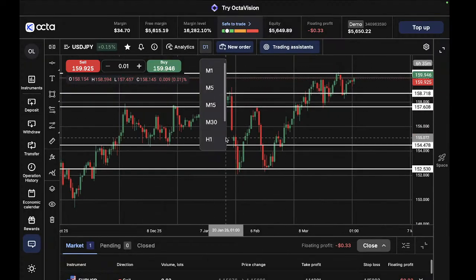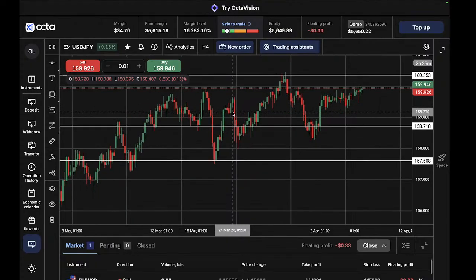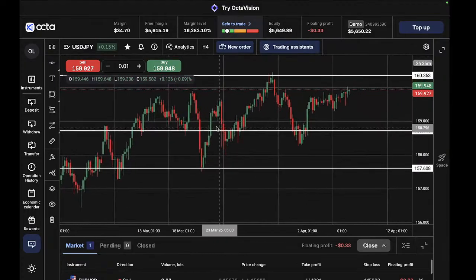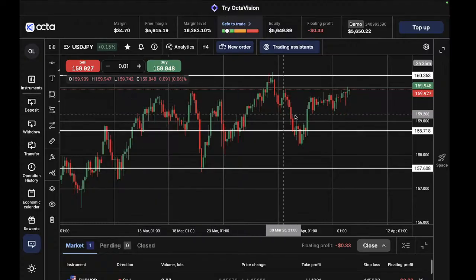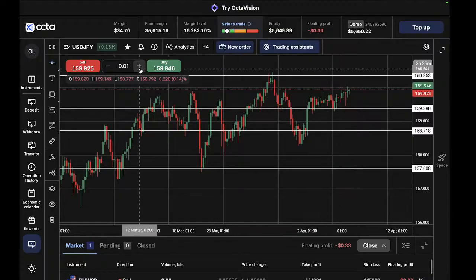So let's go to the 4 hour. Alright, so yeah, we can see how price has been ranging. So I think inside the 4 hour time frame there is a minor support and resistance zone. So I'm just gonna do something to get it perfectly.